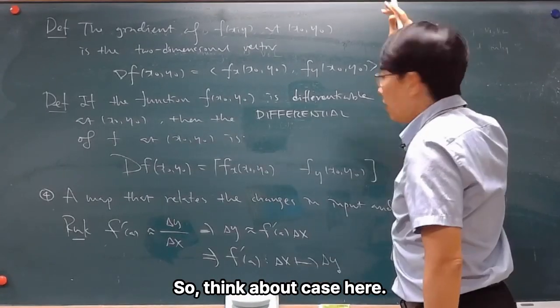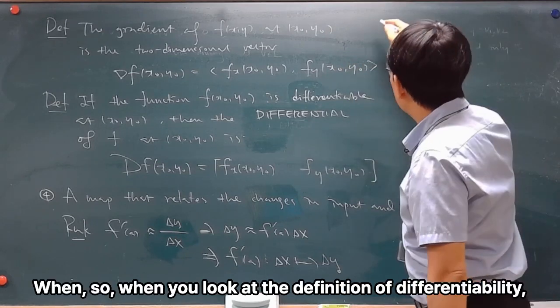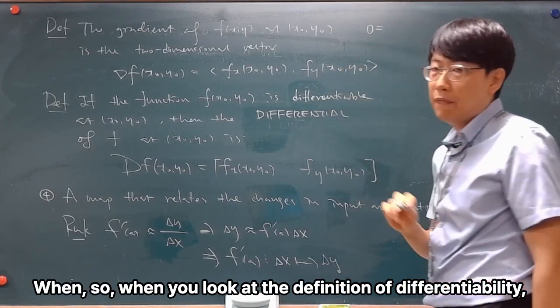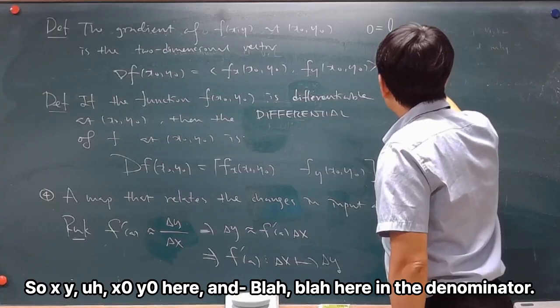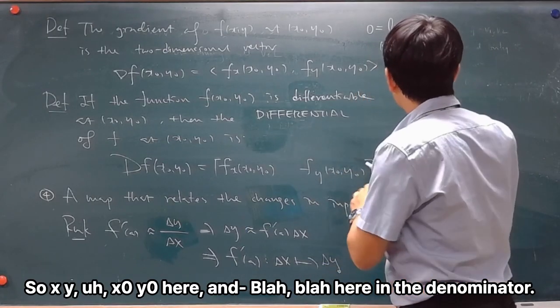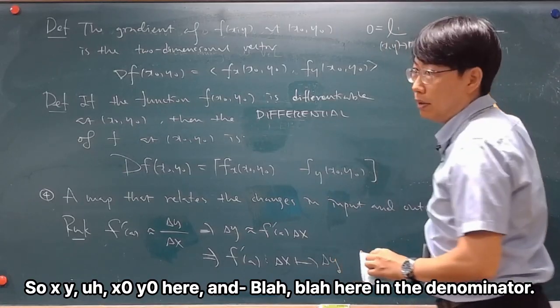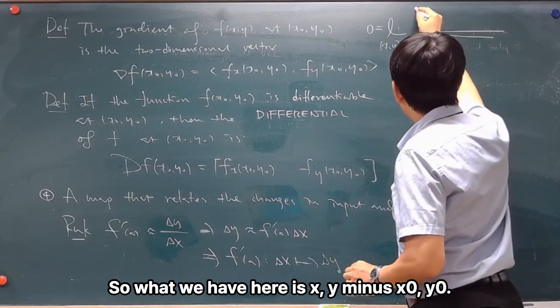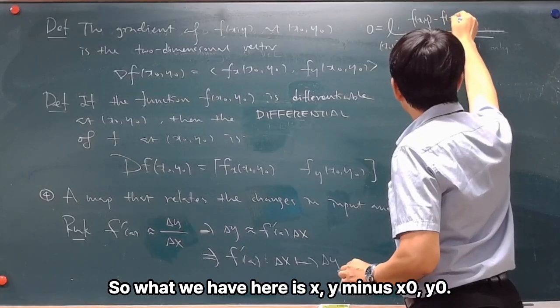So think about the case here. When you look at the definition of differentiability, I'll rewrite this again. So x, y, x0, y0 here, and the denominator. What we have here is xy minus x0, y0.